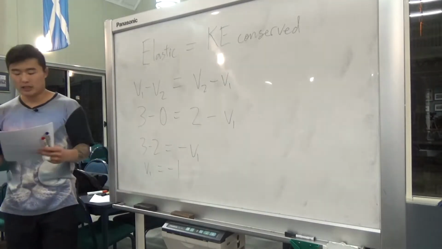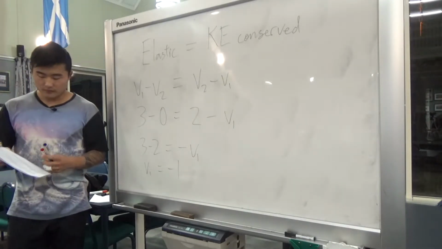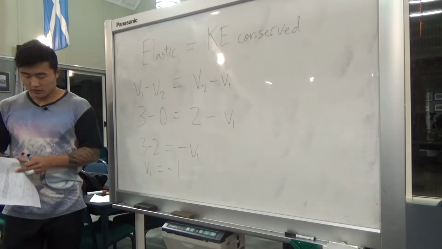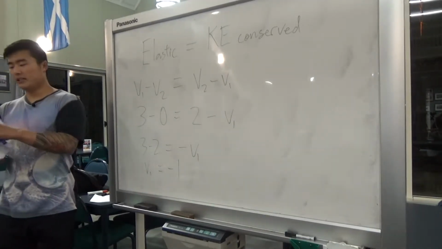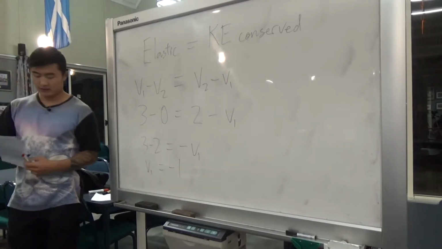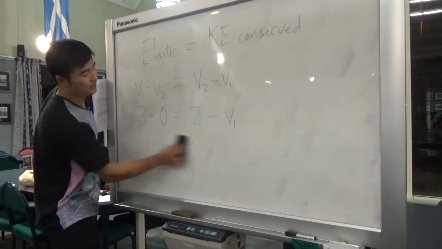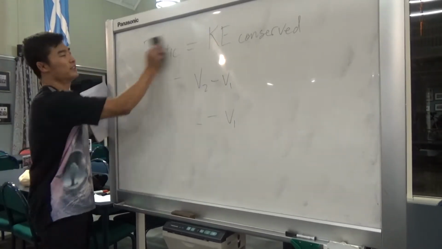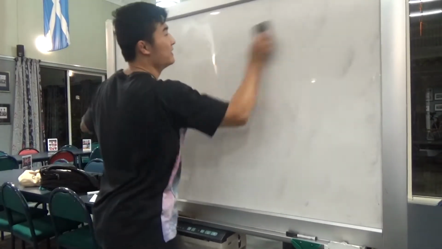It's just now going in the opposite direction. Okay, so you'll see that in that question you don't need to use the mass. You can use the mass if you want to, but that's going to be harder, and you want to make things as easy as you can.